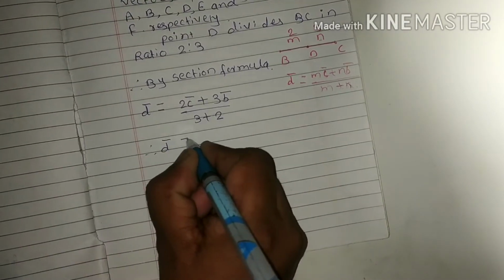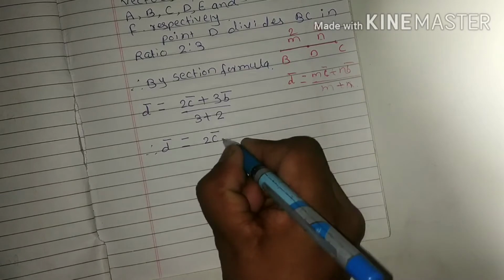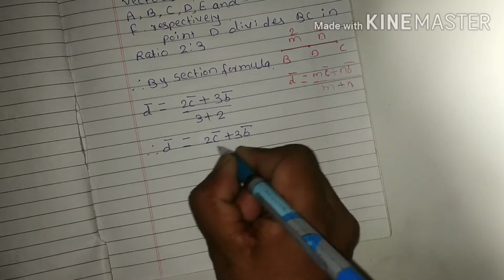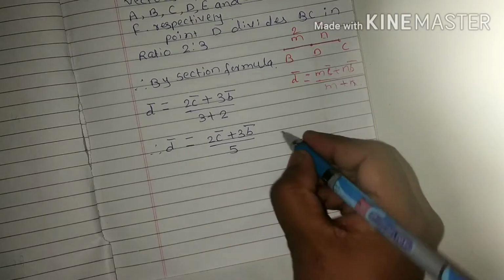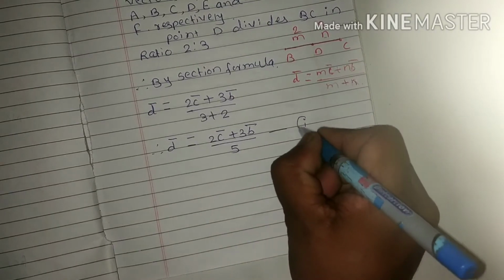Therefore d bar is equal to 2c bar plus 3b bar divided by 3 plus 2, that is 5. We will call this equation number 1.